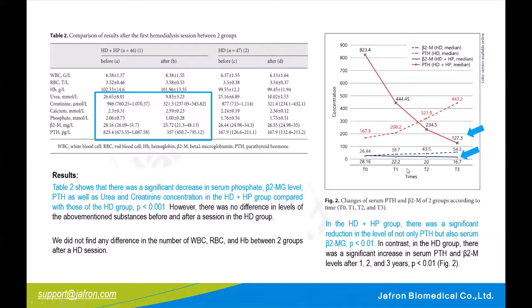In the combination therapy group, there was a significant reduction in the level of iPTH and also beta-2-MG, while we can see there was no reduction but an increase of PTH and beta-2-MG in the hemodialysis group. And this data showed a significant difference.